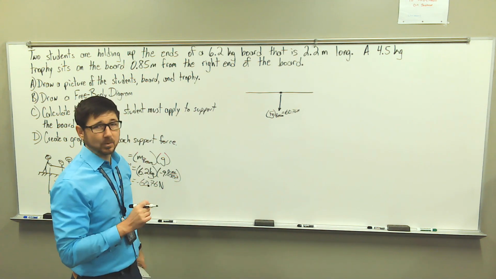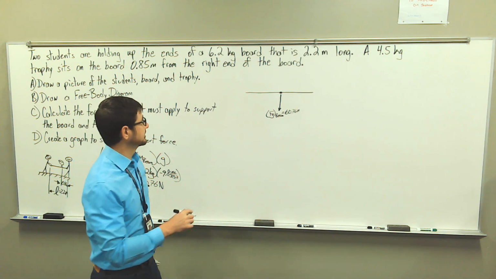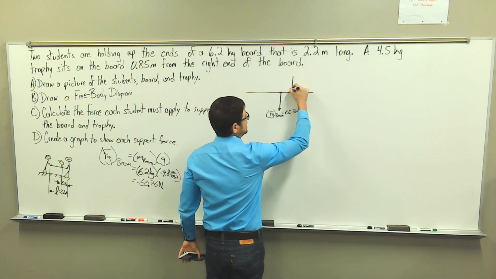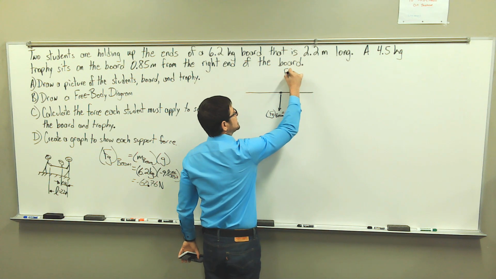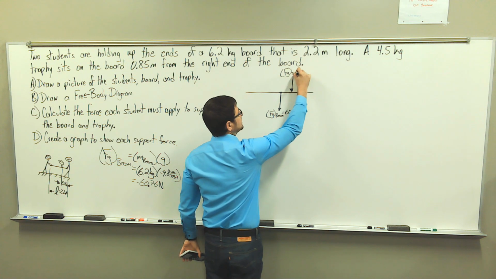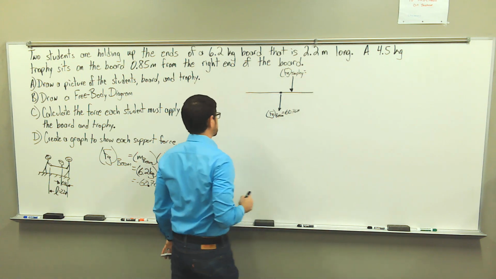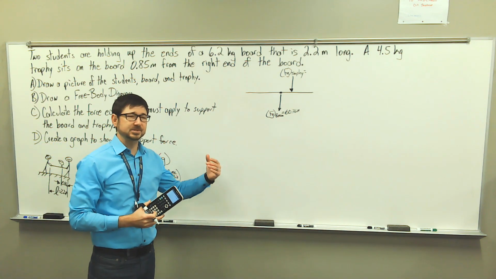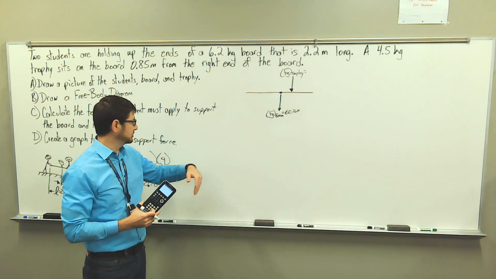Next, we have the weight force of the trophy. Okay, so the weight force of the trophy, I'll just go ahead and draw my vector arrow here. So F sub G sub trophy. Once again, we need to calculate the weight force because this is going to be the force that the trophy is applying to the beam.